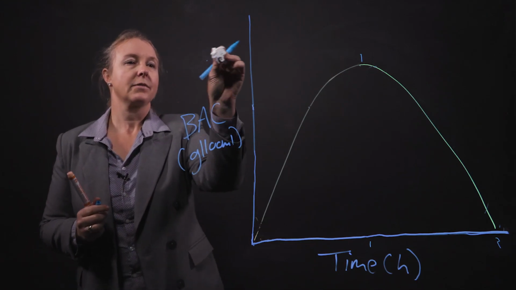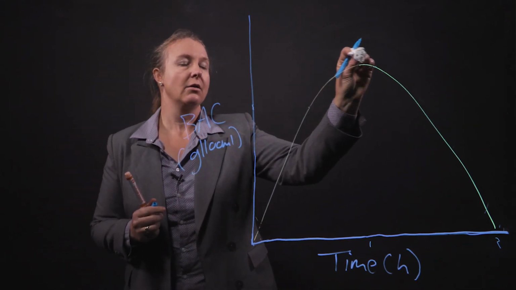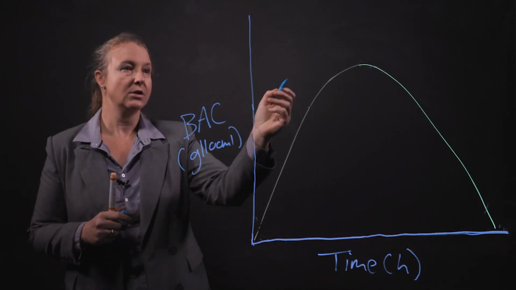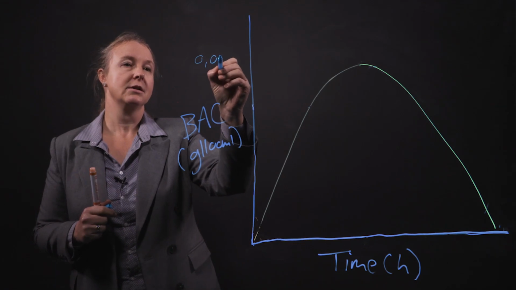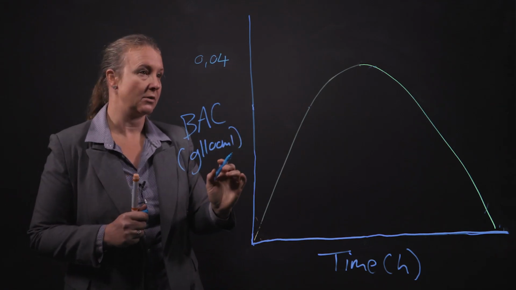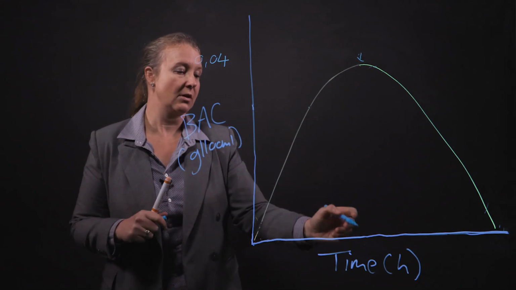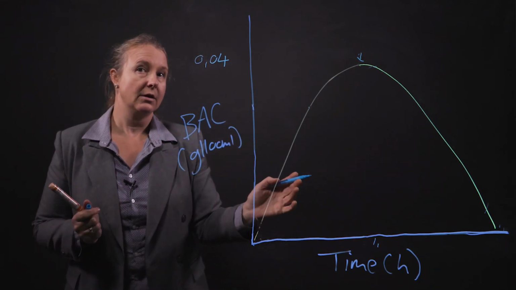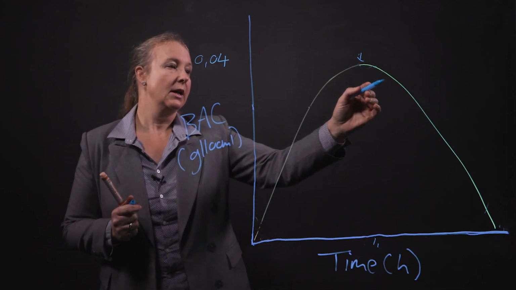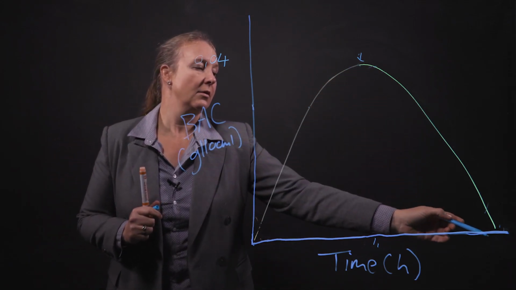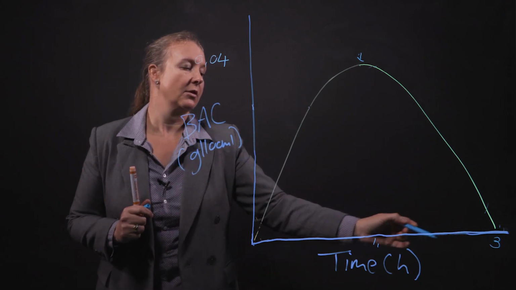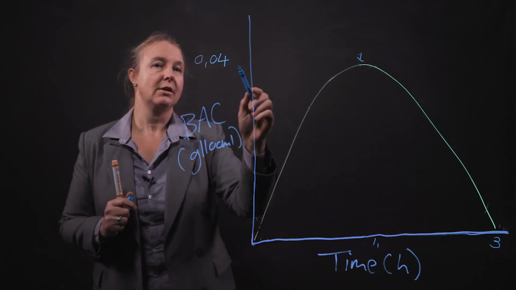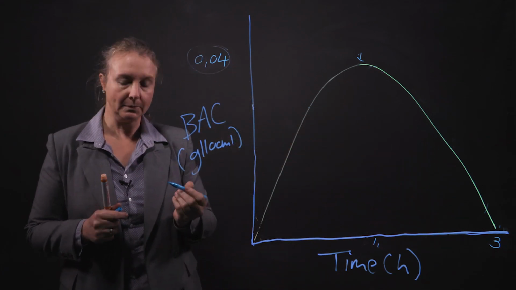However, if the peak of the blood alcohol concentration, because that's related to the amount of alcohol consumed, is 0.04 grams per 100 milliliters, also at an hour, it would not be entirely eliminated at the 2-hour time point. It would only be eliminated after about 3 hours from the first time of consumption.